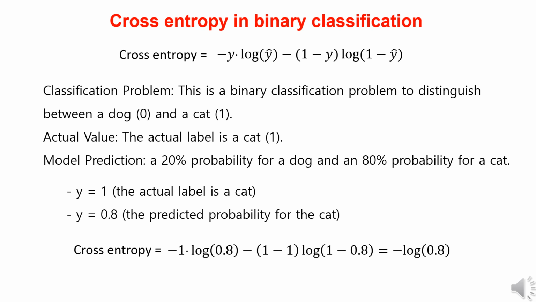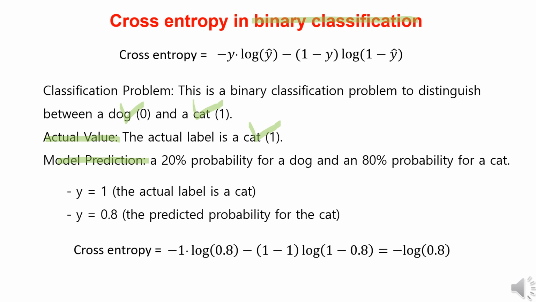Let's apply cross-entropy to a binary classification problem. The task is to determine whether the given data represents a dog or a cat, with dogs labeled as 0 and cats labeled as 1. The model must choose one of the two classes for the input data, and the actual label for the given sample is a cat. After analyzing the input data, the model predicts the probability for each class.